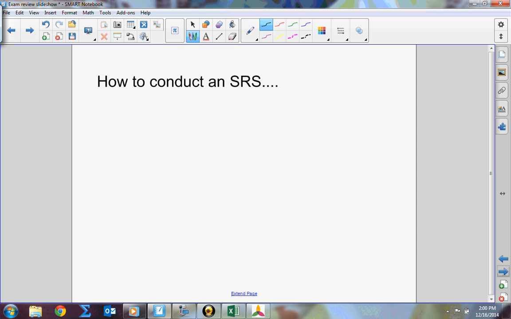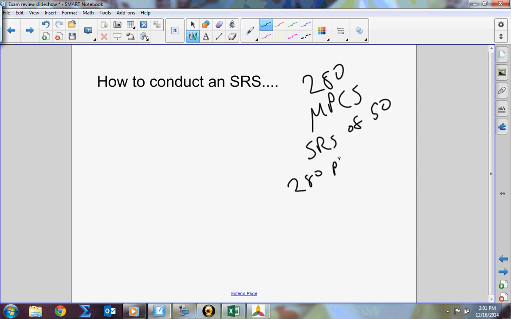You need to know how to conduct an SRS. So let's say we have 280 students at MPCS, and I want to conduct a simple random sample of 50 kids. Alright, so what I might do is put 280 pieces of paper in a hat.